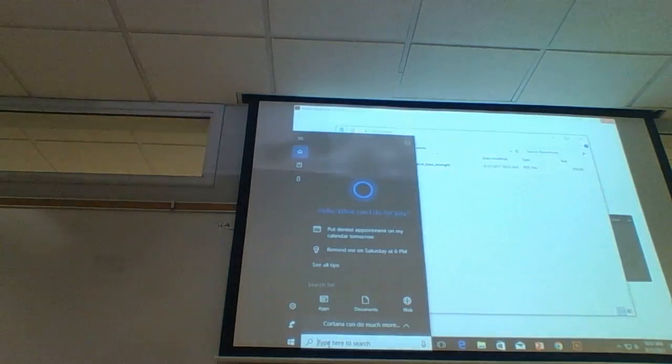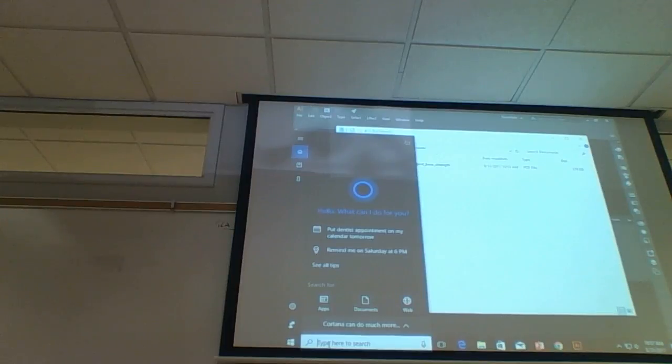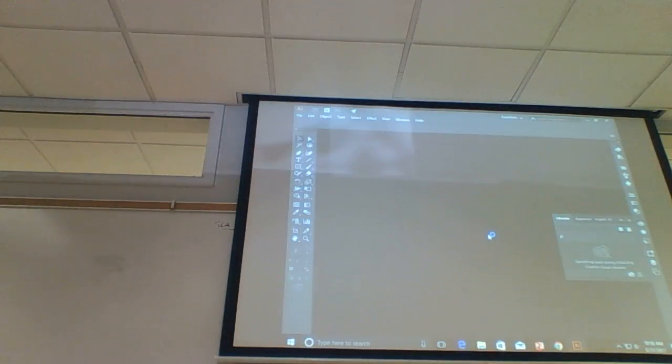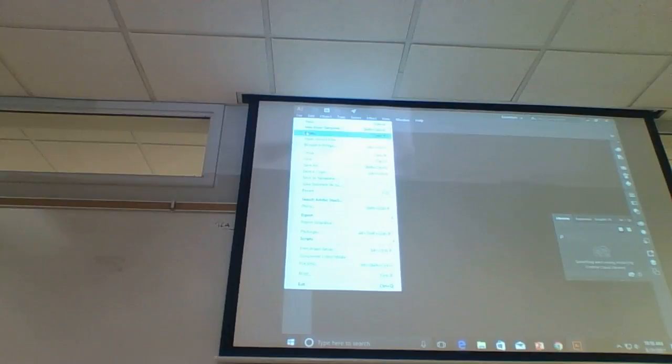Somebody know? Acrobat, that's it. It's installed now. Yeah, okay. Well, I can't install anything on this computer, so I don't have privilege to do that, but Illustrator is installed.